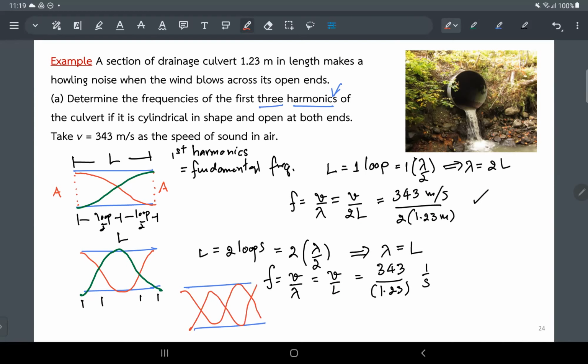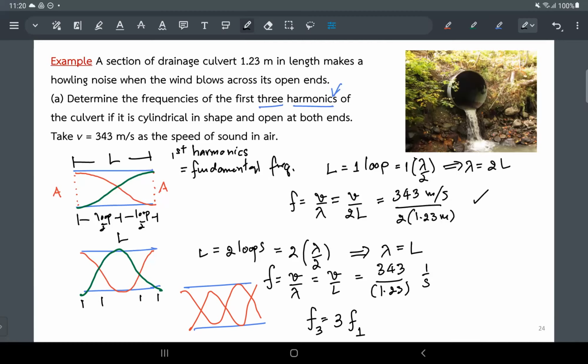And now you can conclude that the frequency of this one is going to be 3 times. So for the fundamental, let me put number 1 in it. So it's going to be 3 times the fundamental frequency. And I can call this the third harmonic. I can put the subscript in there, just to say the third harmonic is going to be 3 times.